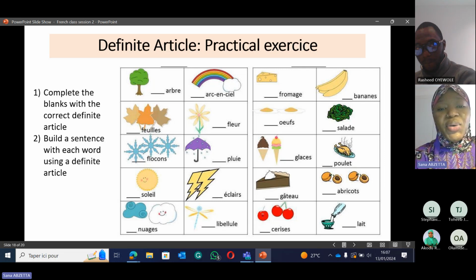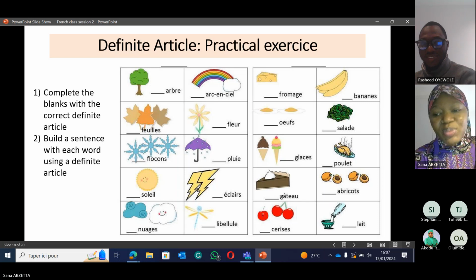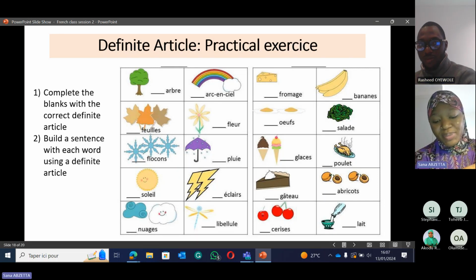Can you say feuille? I want everyone to repeat. Feuille. Okay. Les feuilles.